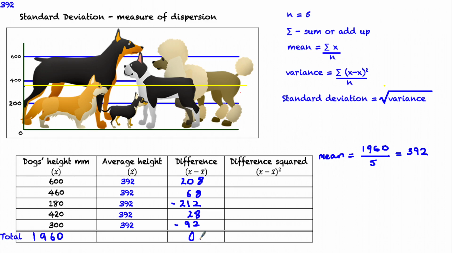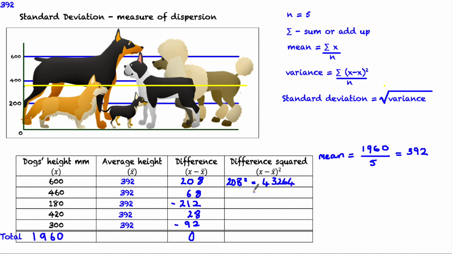So in order to overcome this and still try and look at an average difference, we're going to square each of the differences. We're going to take that difference and square it. So we're going to do 208 squared, and that gives me 43264.